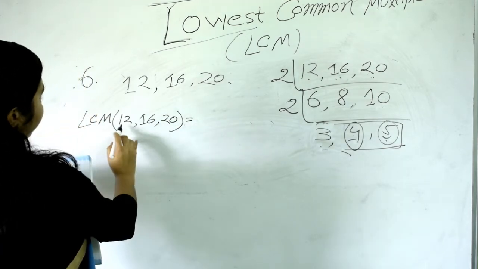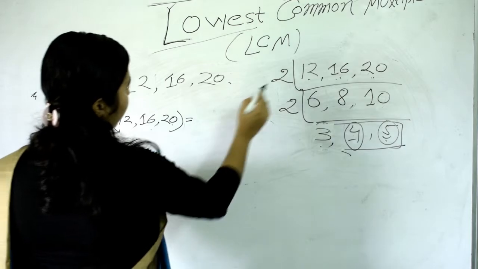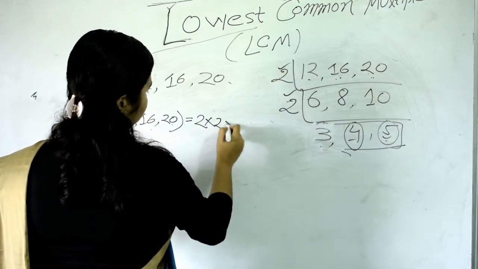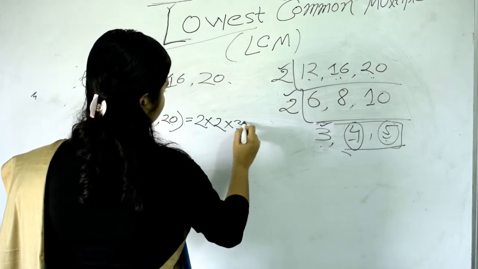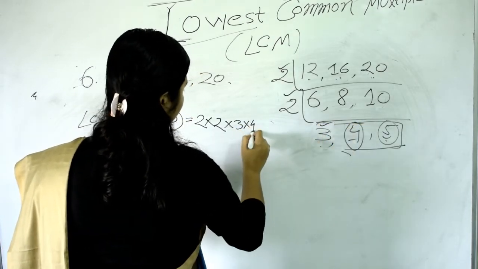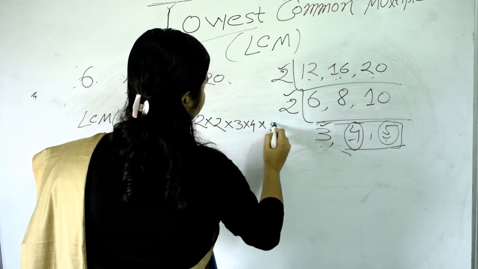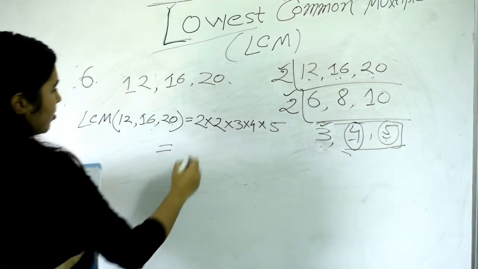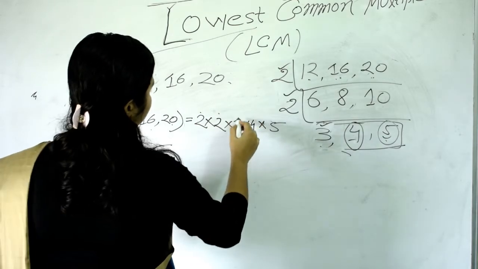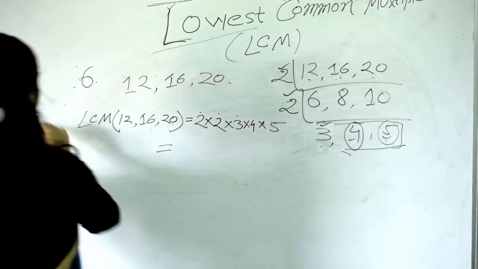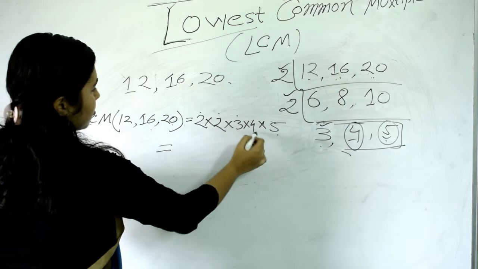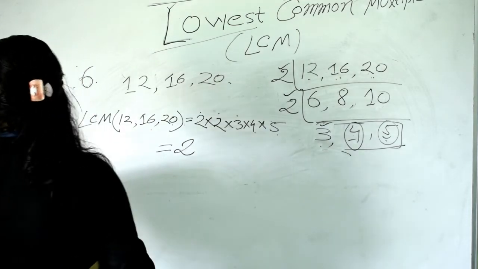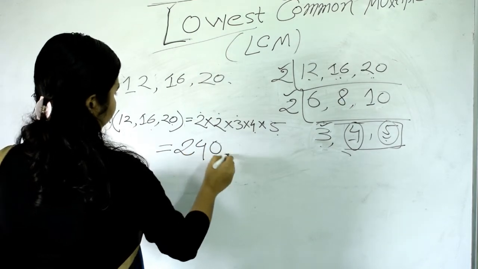So LCM of 12, 16 and 20 is 2 into 2 into 3 into 4 into 5, that means 240.